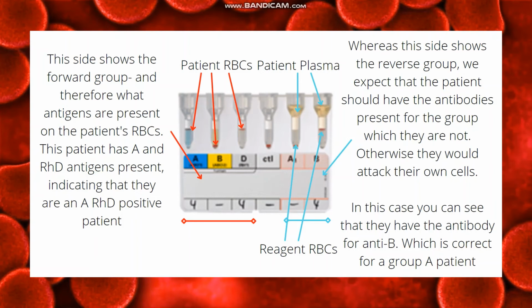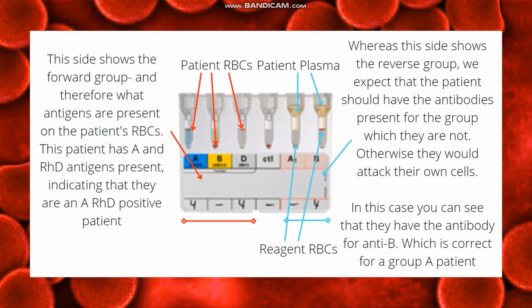And then on the right-hand side of the screen, you can see we've got the blue arrows. So this is looking at the reverse group. The cells here have dropped to the bottom of the A, but they're at the top of the B. So if you've got a patient who is a group A positive patient, you would expect them not to have the A antibody, because if they had the antibody to their blood group on the red cell antigens, then they would be attacking their own cells and they would be very unwell.